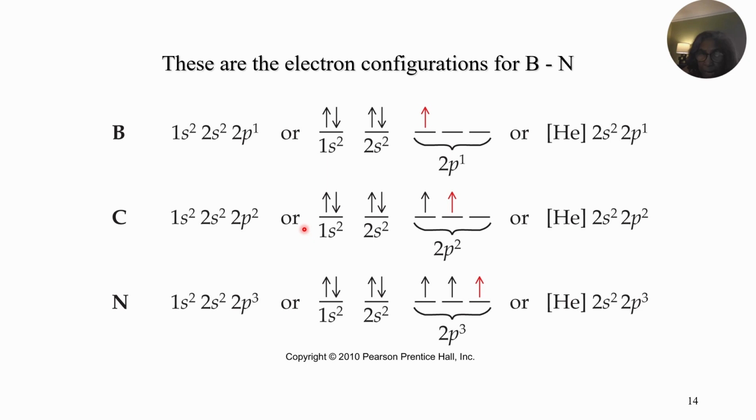For example, I should not place a second electron on the first p atomic orbital, px, until each one of the atomic orbitals px, py, pz has one. And I will show you that with the next slide.